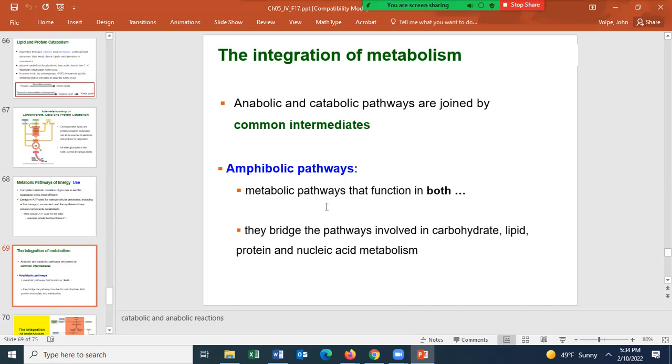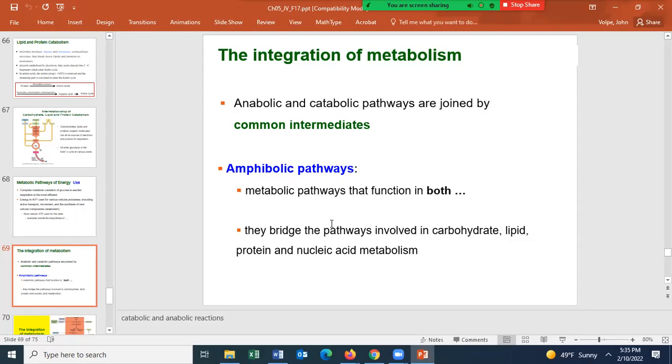And human cells are not very efficient, meaning that they have far fewer amphibolic pathways than, say, green plant cells or green bacteria cells. In fact, all bacteria have more amphibolic pathways than human cells do.